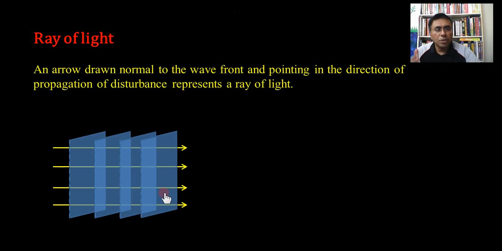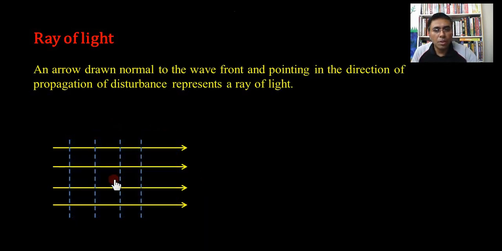Obviously when we draw wavefronts on a sheet of paper, we will not use planes, but instead we will use vertical straight lines. So the vertical straight lines over here represent the plane wavefront, and the parallel arrows represent the rays. And always remember that rays are normal to the wavefront.